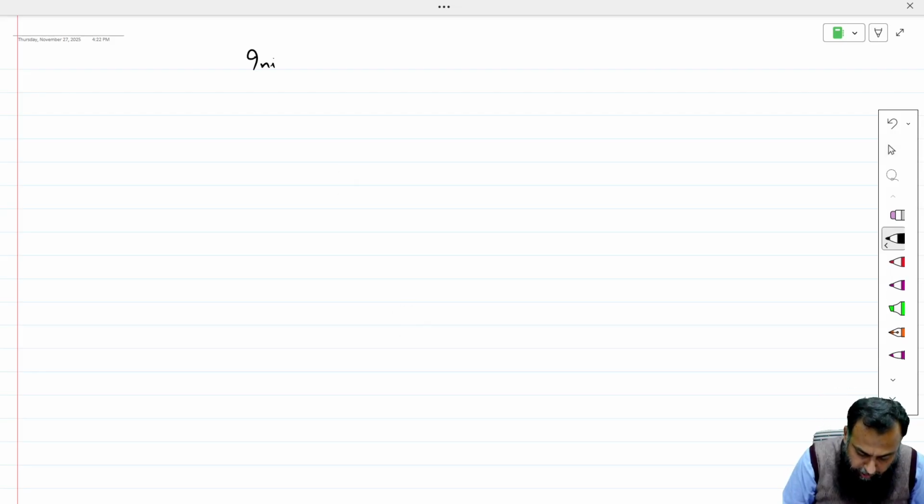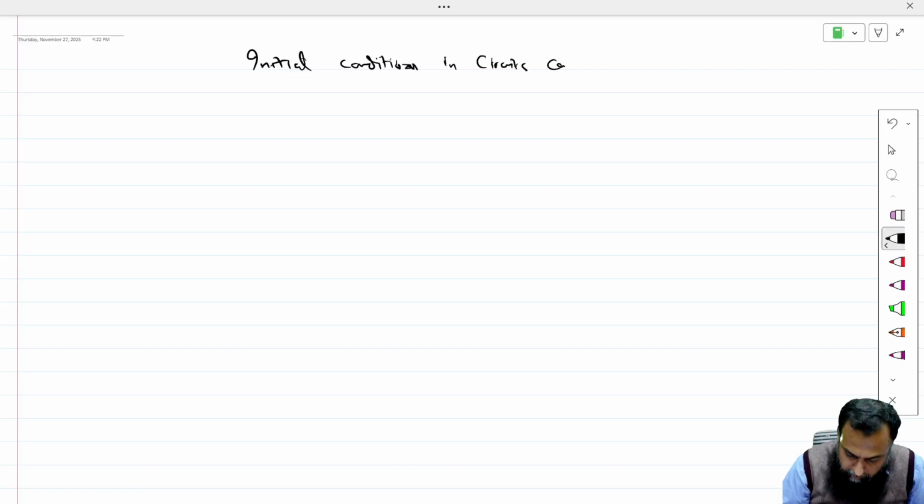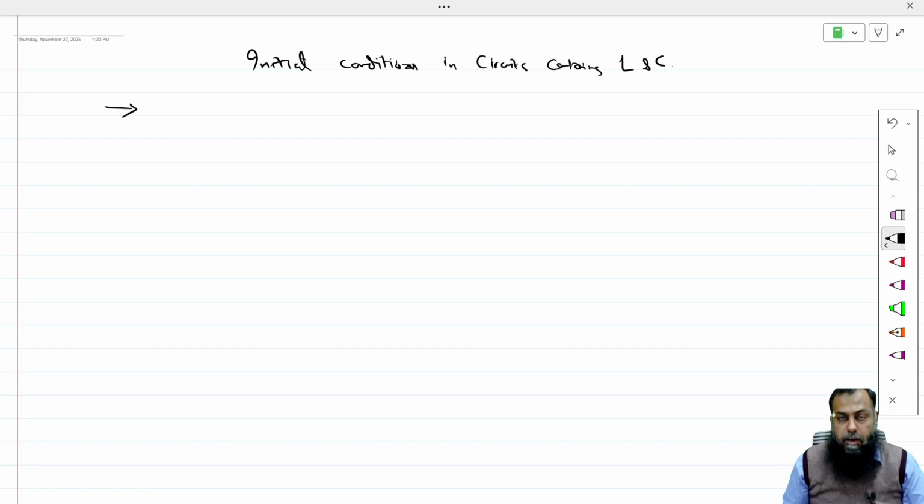We need initial conditions for circuits containing inductances and the capacitors. So we'll replace all the capacitors with an open circuit.